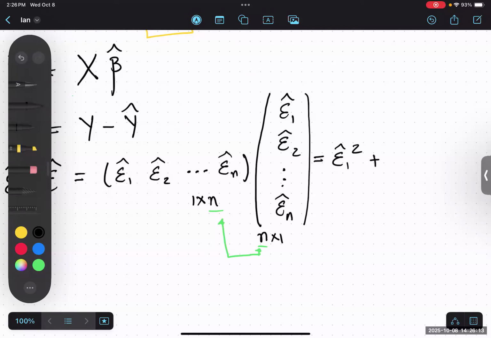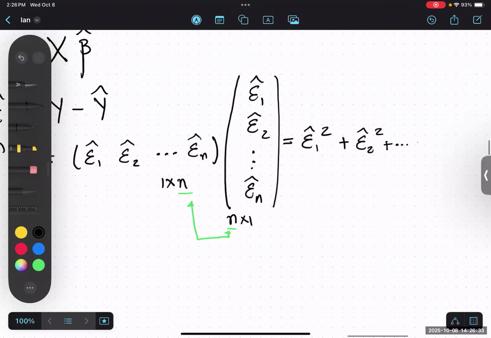The second one comes from epsilon hat 2 and epsilon hat 2, which is epsilon hat 2 squared, and so on. The last one must be epsilon hat n squared.